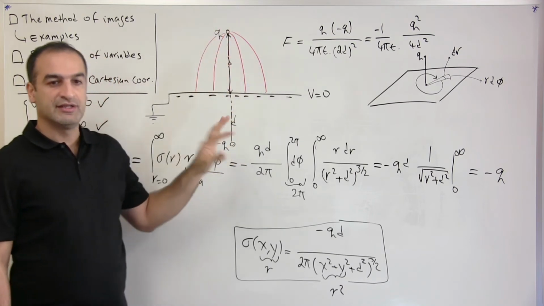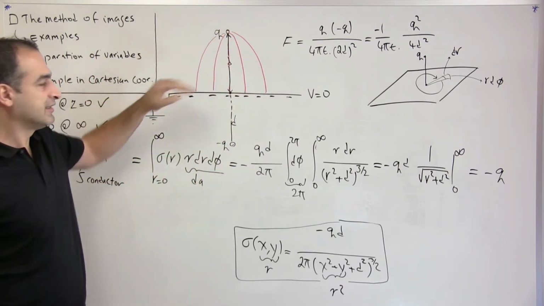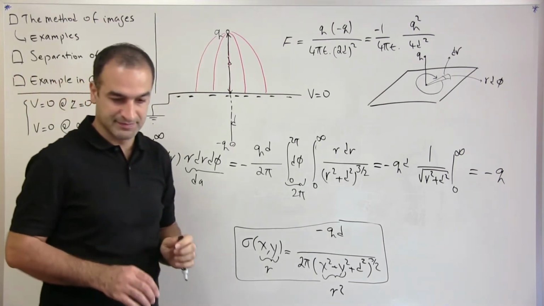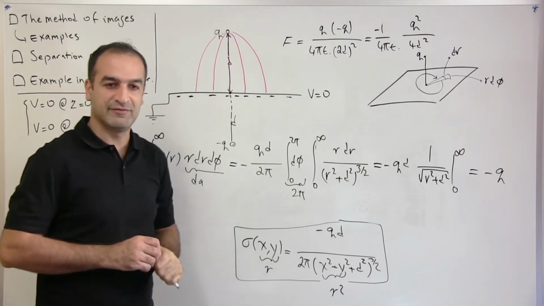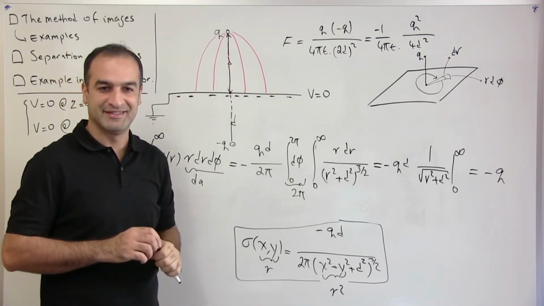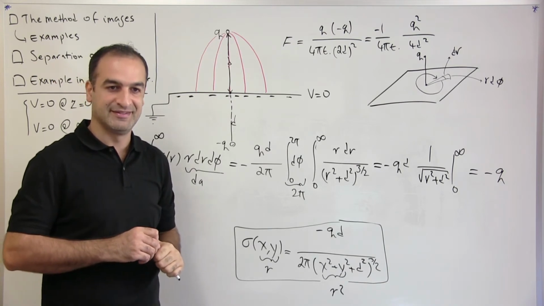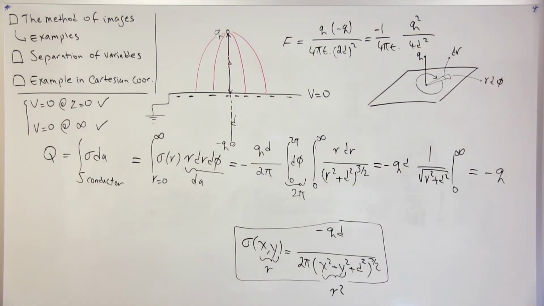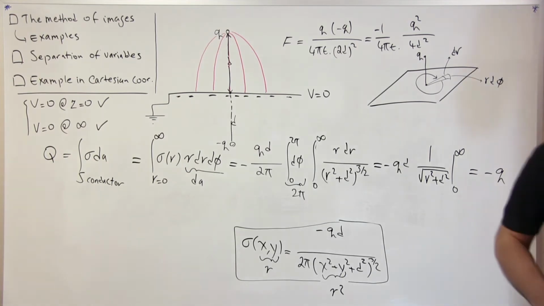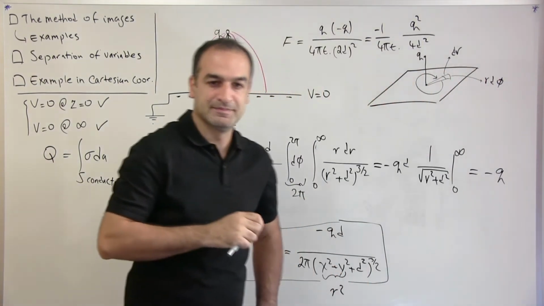How about the energy of the whole system of this charge and a conductor? Do you think it's the same as the energy of 2 point charges or different? Any guess?